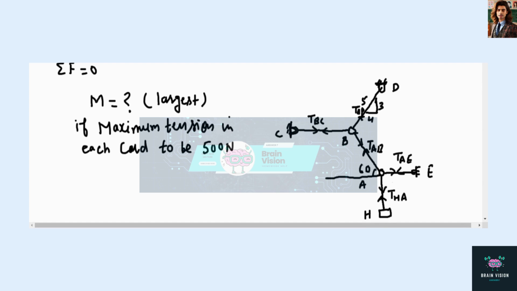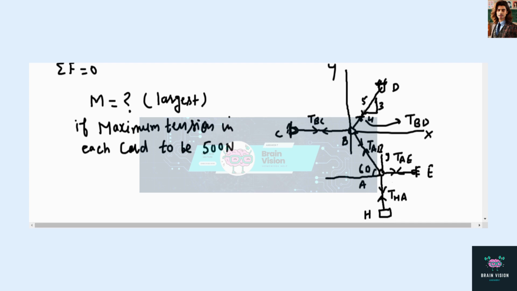I am writing here because I am getting less space there. So I am writing here TBD. This is your y-axis, this is x-axis. At this point again, this is y-axis and this is x-axis.